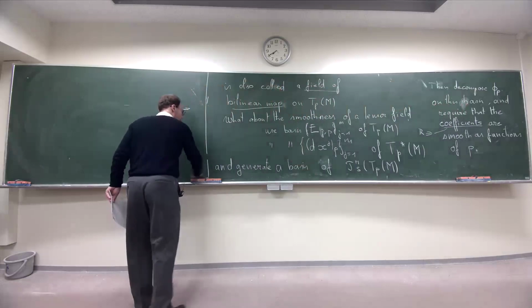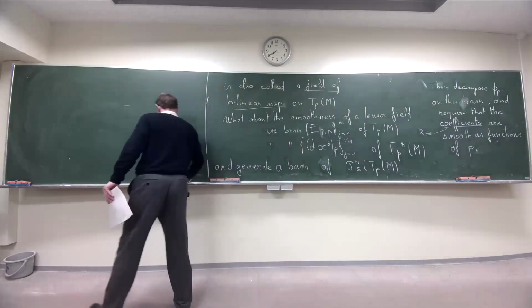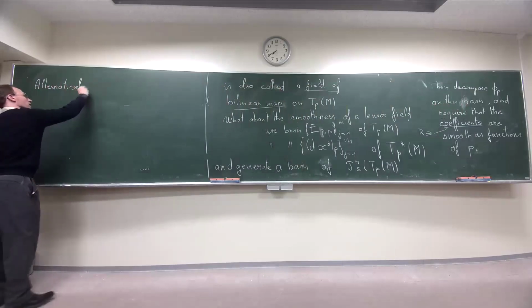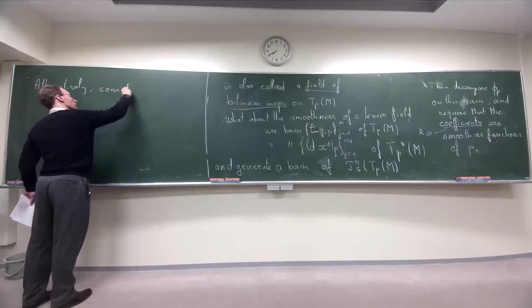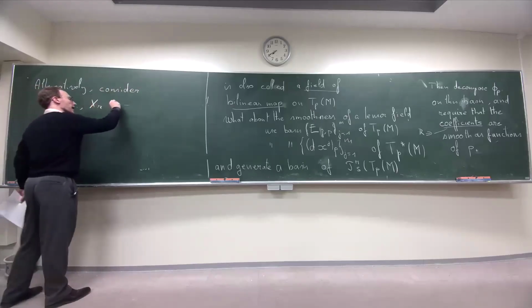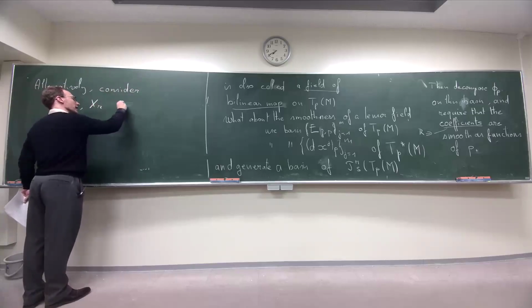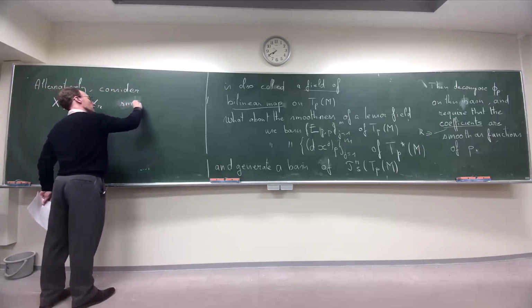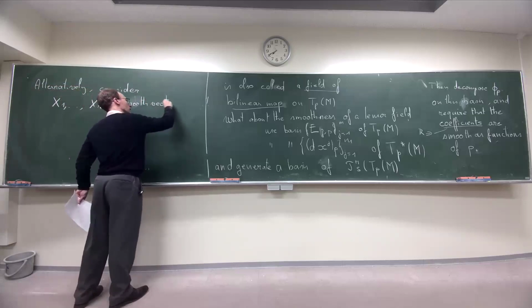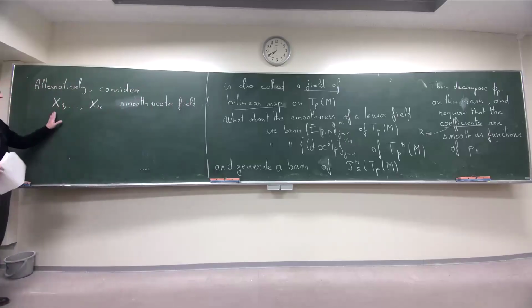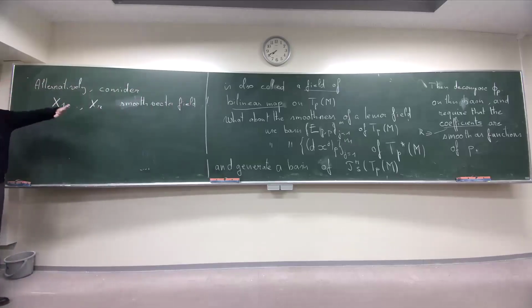And the second approach, alternatively, and they are equivalent. Consider r smooth vector fields x_1 up to x_r. Remember, a vector field is a function from the manifold to the tangent space.